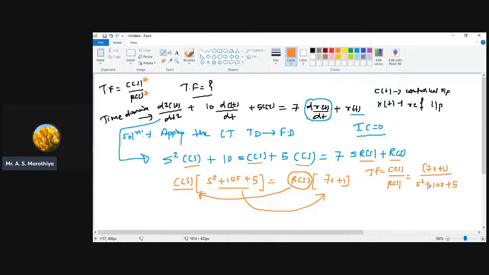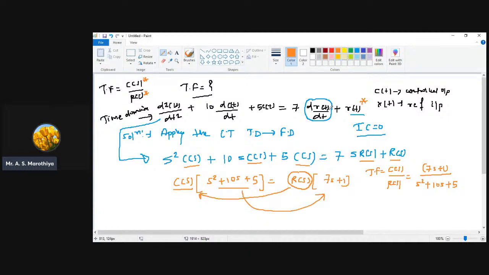So this is the way we can find out the transfer function for this particular system whose mathematical equation in the form of differential equation is known to us. The thing is that first we must know the mathematical modeling, or the representation of system, maybe in physical form, maybe in the form of some set of mathematical equations.